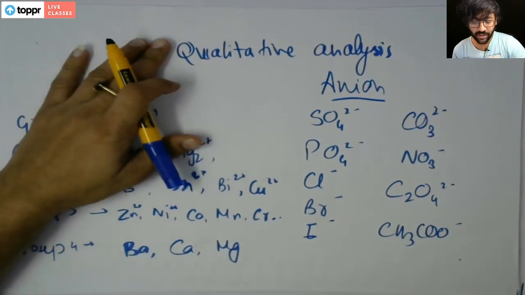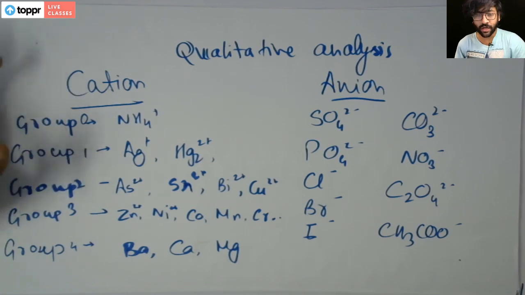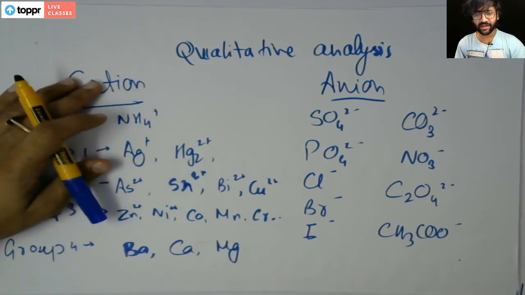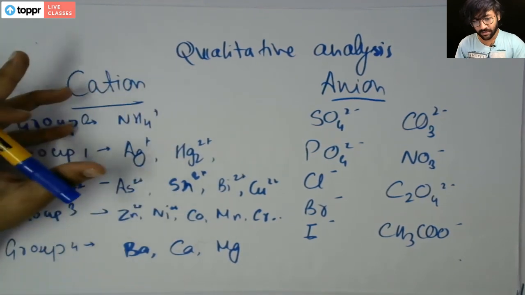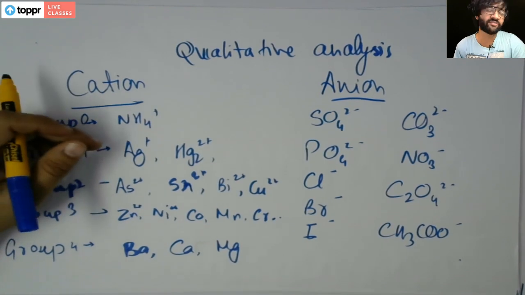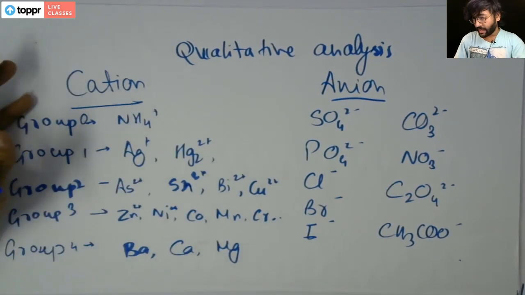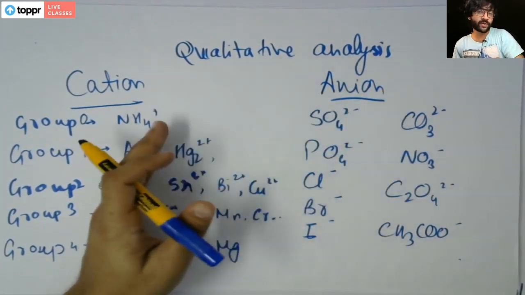So what is qualitative analysis? First of all, what are we talking about here? If you are given a salt, an unknown compound, then how do you find out what the compound is made up of? To find the nature and chemical formula of the compound, we have to do qualitative analysis. As we know, a compound is made up of a cation and an anion, so 2 parts only.